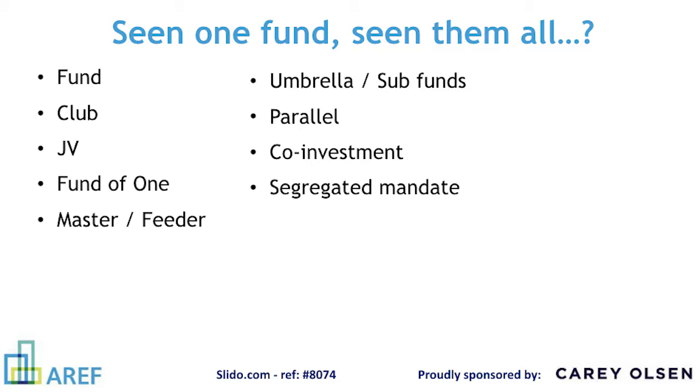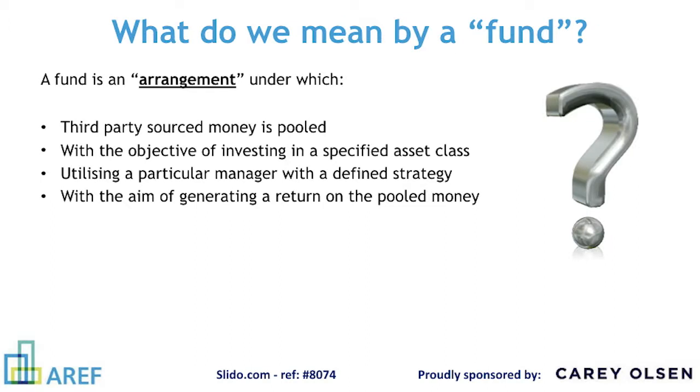When you move to clubs, JVs, or fund of one, segregated mandates, for me, those are variations on the theme. So they are, to my mind, missing certain of the elements of the previous slide. If we look at, for example, a fund of one or segregated mandate, they sort of cross over a little bit.